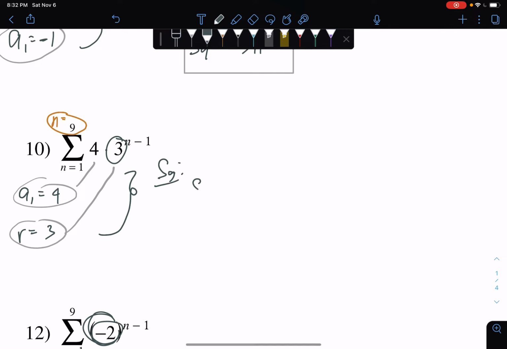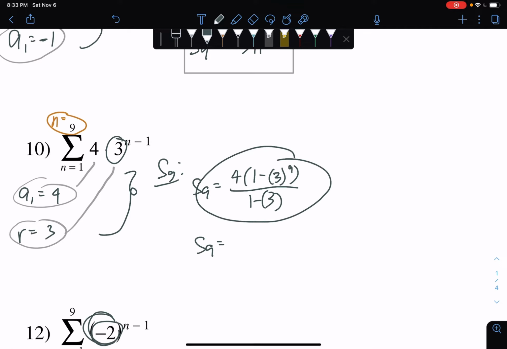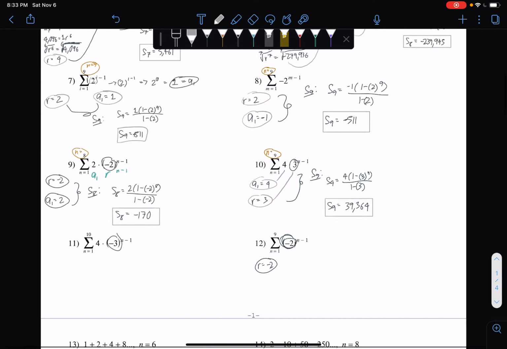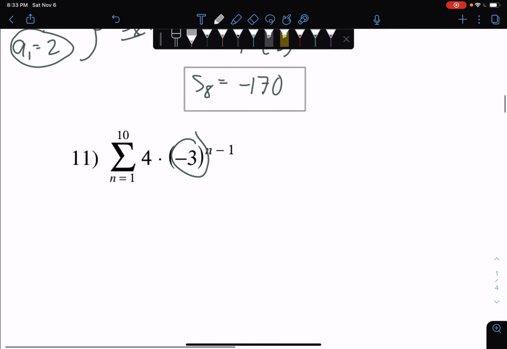So S sub 9 is equal to a sub 1 times the quantity 1 minus r raised to n, which is 9, divided by 1 minus r. In that case, we bring this to our calculator again, and S sub 9 is equivalent to 39,364. It's very satisfying.